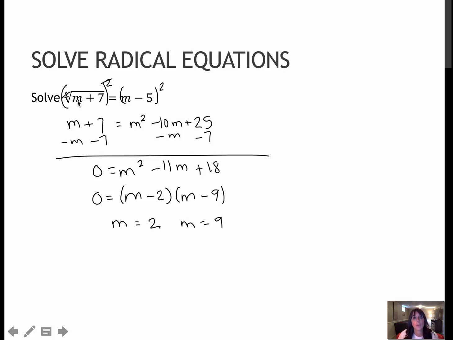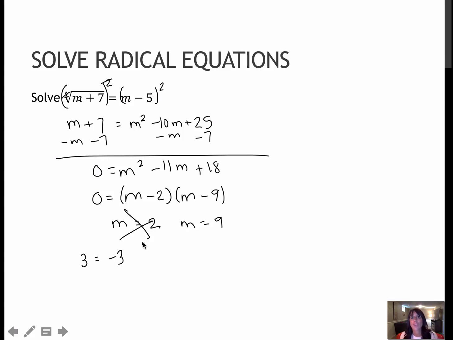So m would be 2, plus 7, the square root of 9 is 3. So for my first one, I would get 3 on the left side, and then 2 minus 5 would give me negative 3. And as we can see, for m equals 2, that one is not going to work.